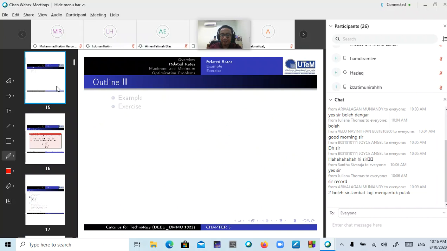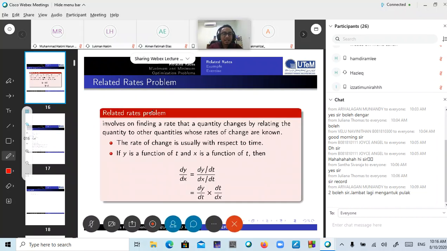What is related rate? Related rate is involved on finding rate of change. When we talk about rate of change, usually it is respect to time, which is dx/dt sebagai contoh. And then biasanya kita akan guna chain rule macam ni untuk cari rate of change. Okay, for example, you want to find dy/dx.